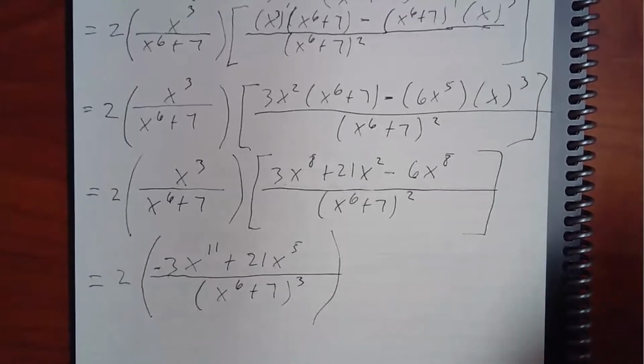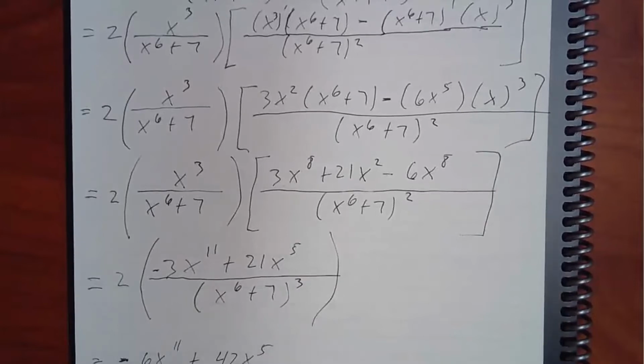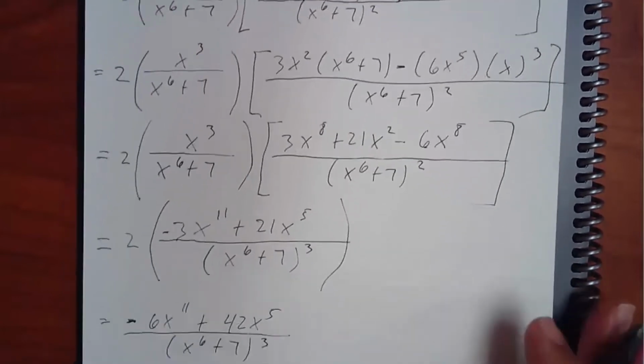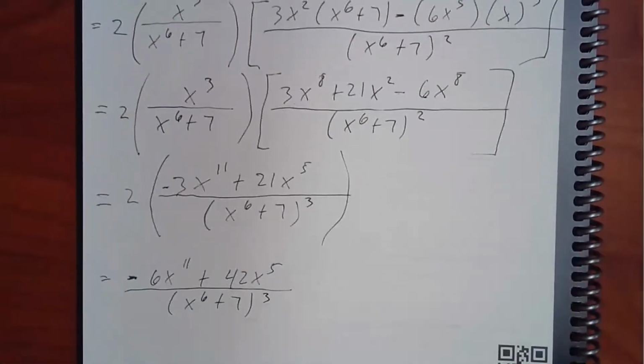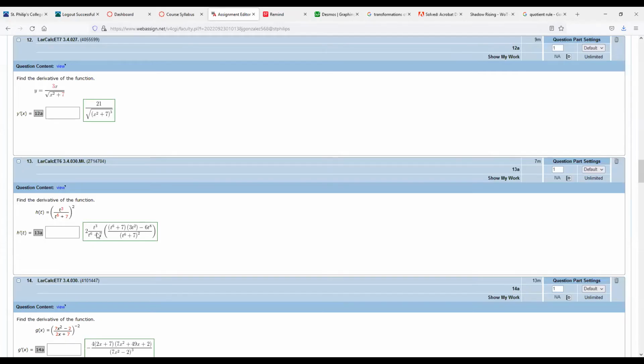I don't know. If you want to multiply everything out, you will get this. It looks like they left it factored. Oh well, who cares?